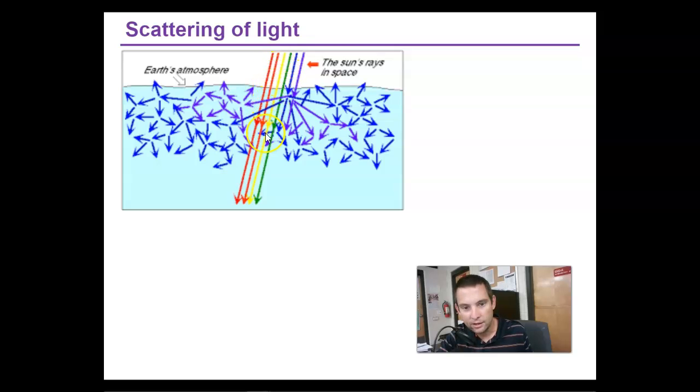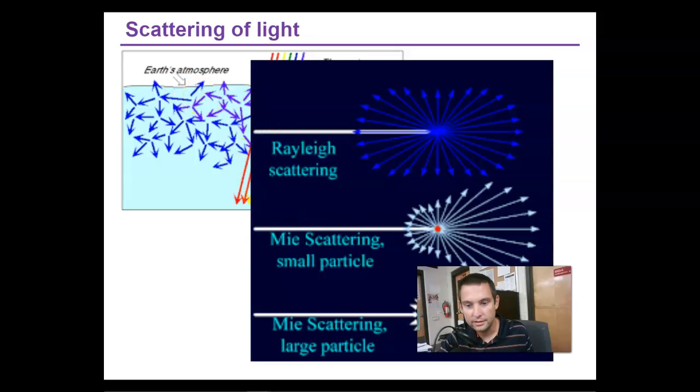And then as it comes down, the longer wavelengths are going to get through Earth's atmosphere. Meanwhile, the blue higher energy and the violet higher energy light is bounced around. So when we look up into the atmosphere, we're seeing this bouncing around of these blue and purple light.